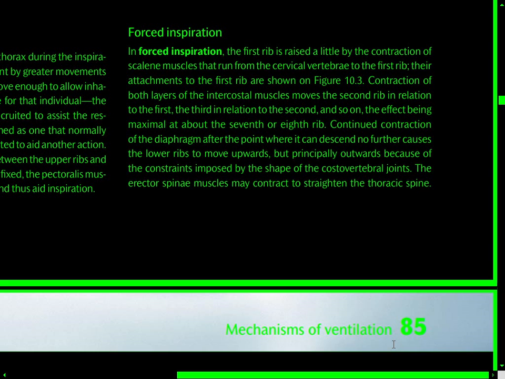This simply says that after the diaphragm has contracted maximally and can no longer descend, the lower ribs, I think meaning the 7th, 8th, 9th, or even the 12th and 13th ribs, move upward a little, but principally outwards and forwards. Why do they move principally outwards and not upwards? Because of their shape, the costo-vertebral joints.